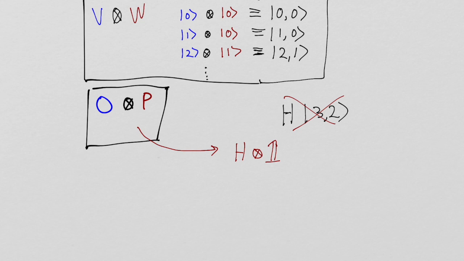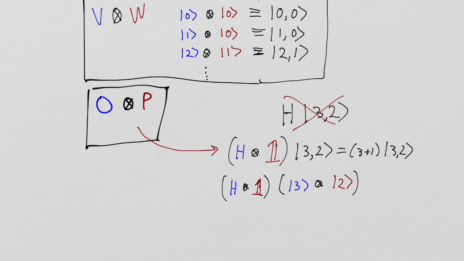And that operator acting on |3, 2⟩ will give us (3 plus 1) times |3, 2⟩, right? And the way we understand this is literally what's happening: I fixed my color.